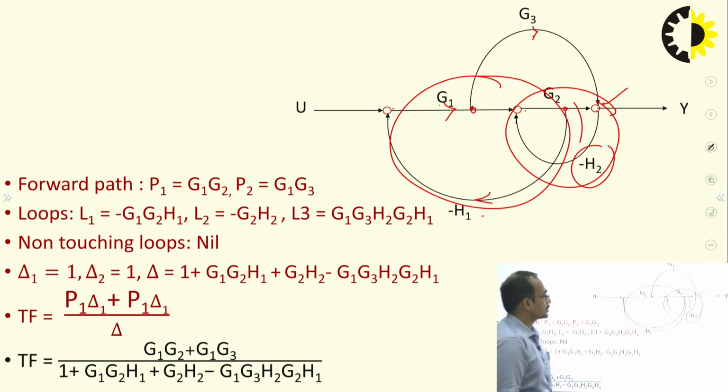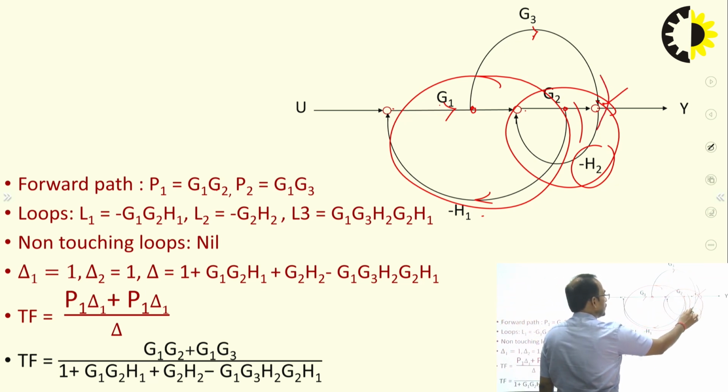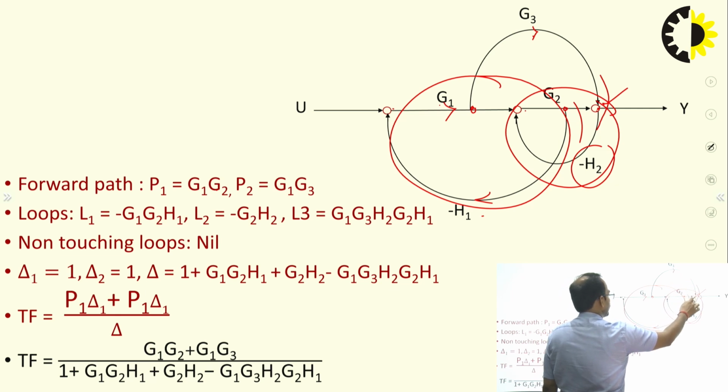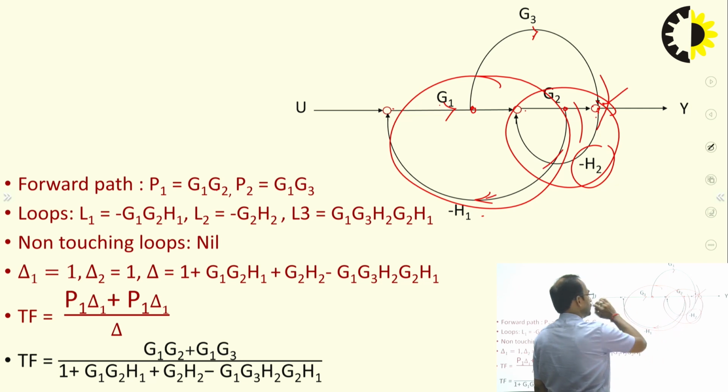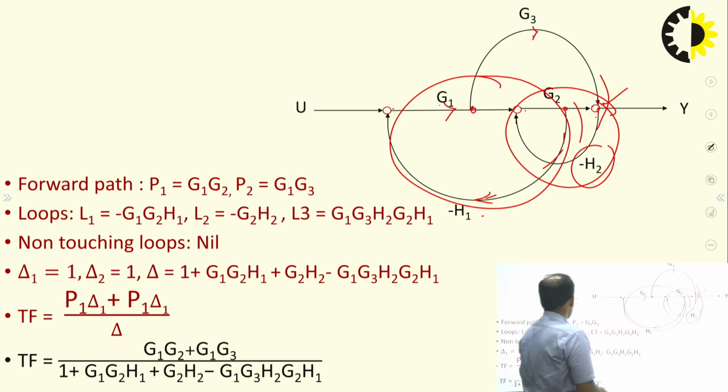Third loop is G1, G3, H1. This is G1, G3, H1, not G1, G3, H2.